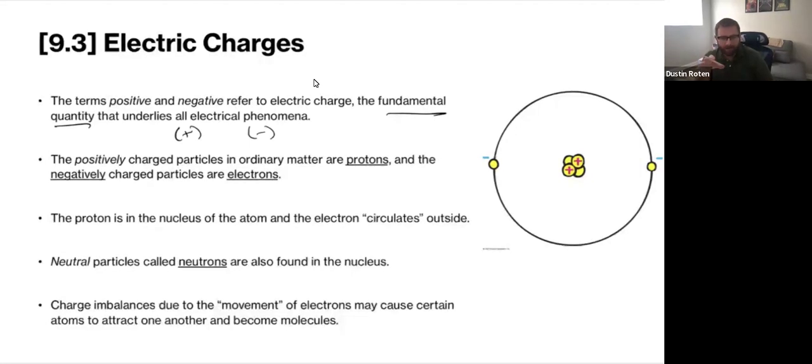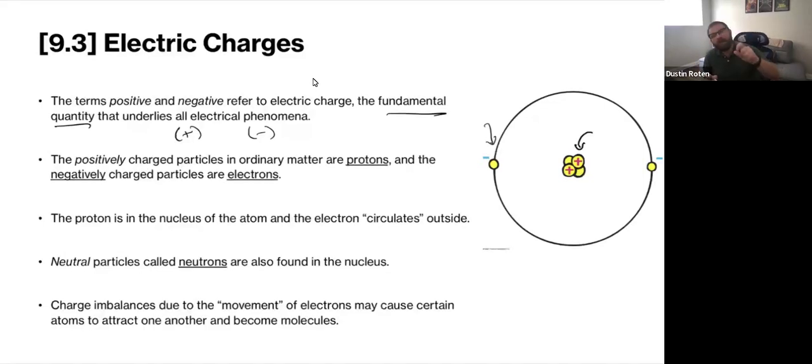So the positively charged particles inside the nucleus, they're the protons. And you can find them in here in the nucleus. The negatively charged particles, those are electrons, and they actually orbit outside. So you'll notice that in this next statement, I say the proton is in the nucleus of the atom, and the electron circulates outside.